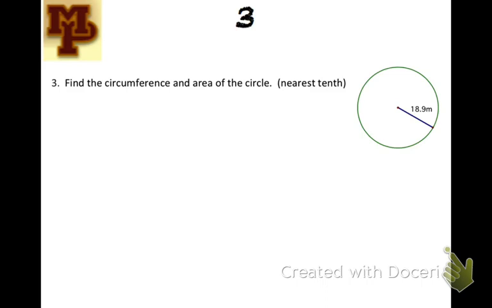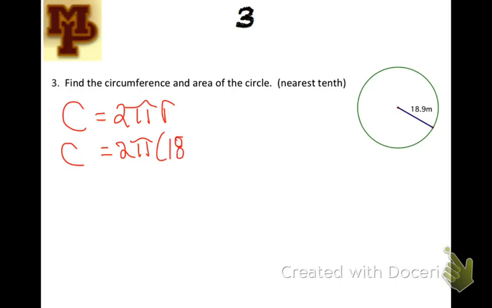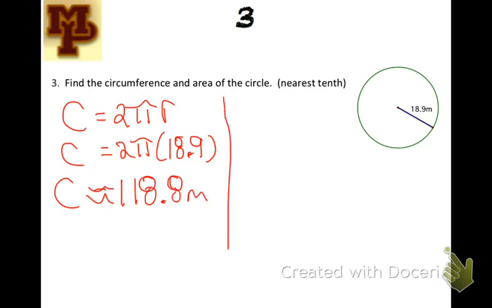Okay, circumference and area of the circle. So circumference of a circle we know is 2 pi times the radius. So 2 pi times radius of 18.9. So circumference is about 118.8, and that's meters.